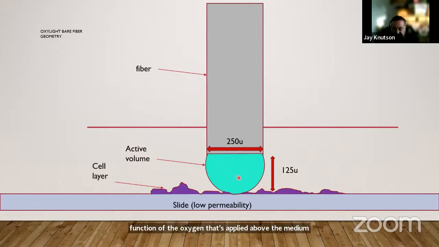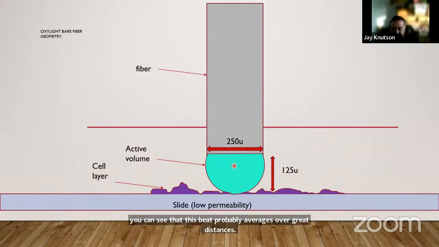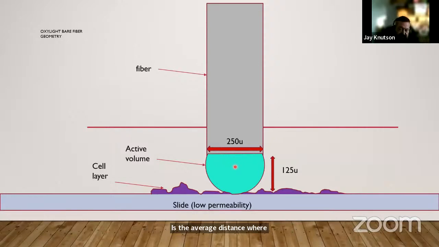So you can see that this bead probably averages over great distances. It's smaller, of course, down near the cells. So somewhere in about 100 micron region is the average distance where it's collecting the average over this bead, the oxygen. We are concerned about whether there were Z gradients being produced.